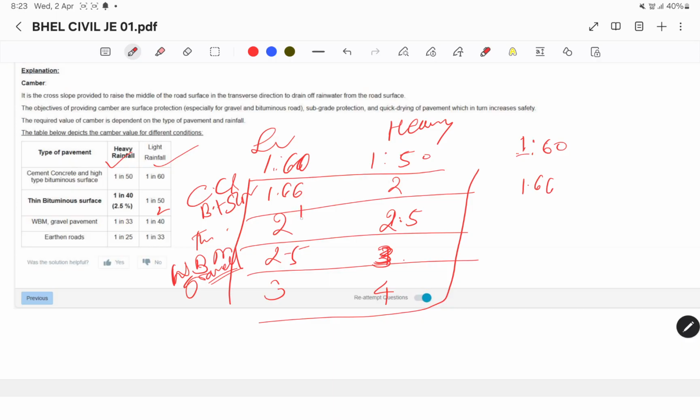One in 60, 1 in 50, 1 in 50, 1 in 40, 1 in 40, 1 in 30, 1 in 30, 1 in 25. ये हो जाएगा अर्जन के लिए.